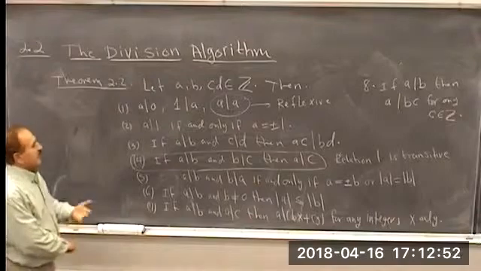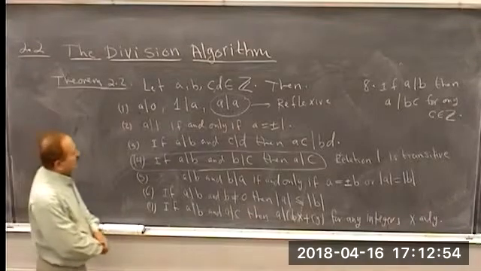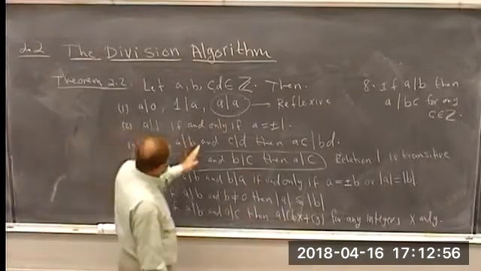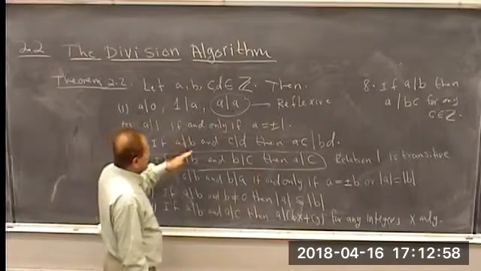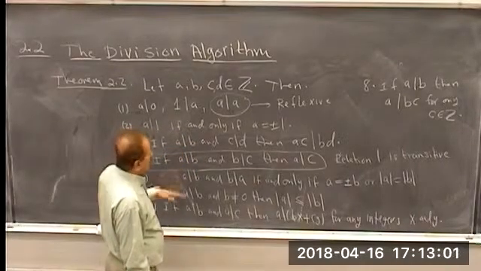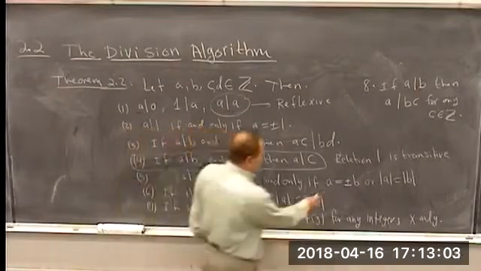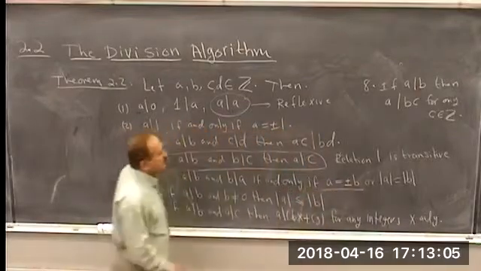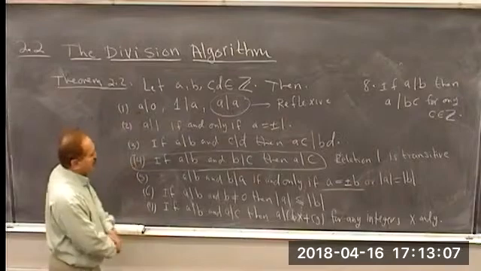It's actually anti-symmetric, all right? So if A divides B and B divides A, then they are equal, they differ by just a sign.